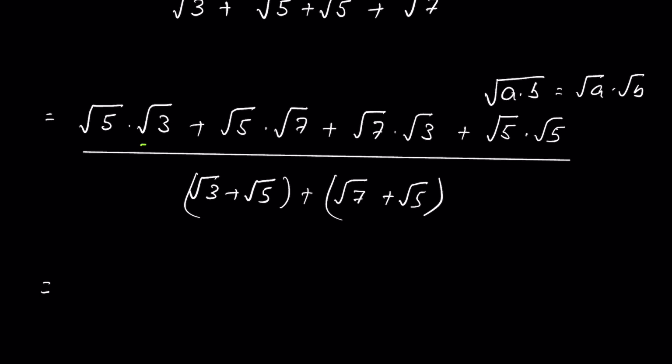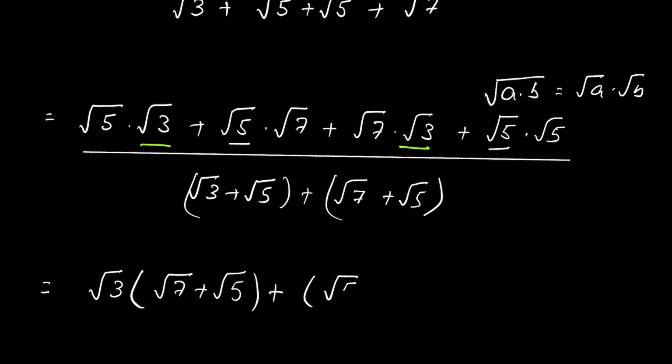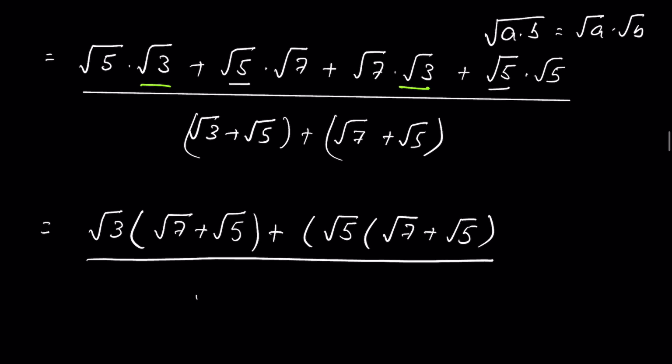Now here we can take square root of 3 common in these two and write square root of 3 times square root of 7 plus square root of 5, then plus in these two we can take square root of 5 common and write square root of 5 times square root of 7 plus square root of 5, then upon square root of 3 plus square root of 5, then plus square root of 7 plus square root of 5.